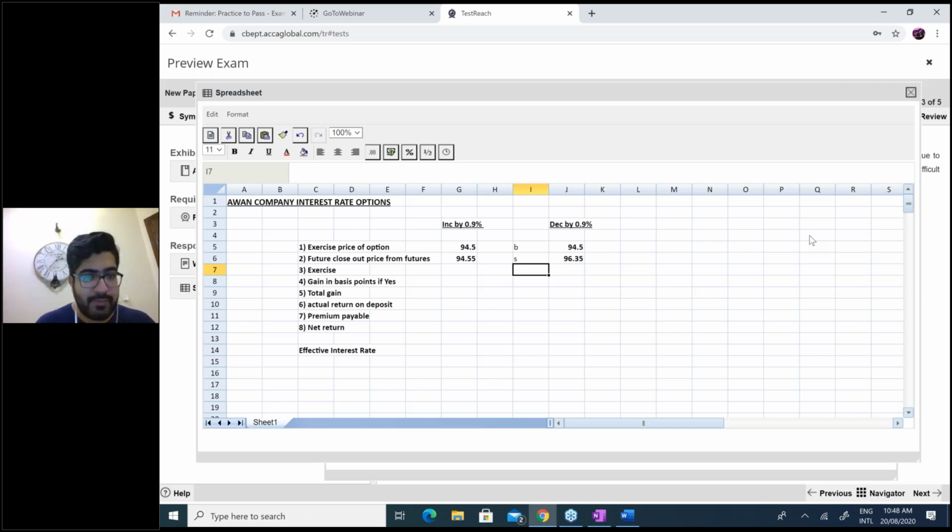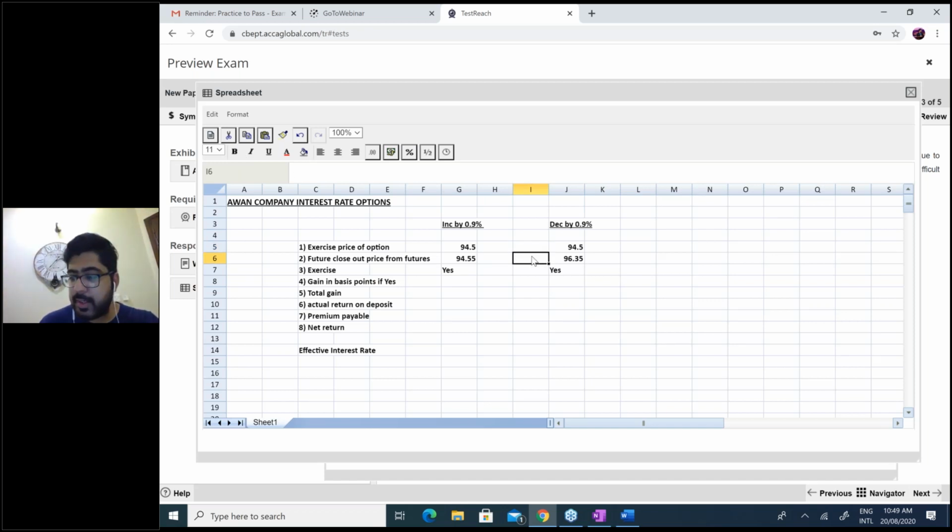Buy for less and sell for more. Exercise, yes, we are getting gain. On the right side, buy now at 94.5 and sell later at 96.35, a higher price. Again yes. So in both cases, yes.